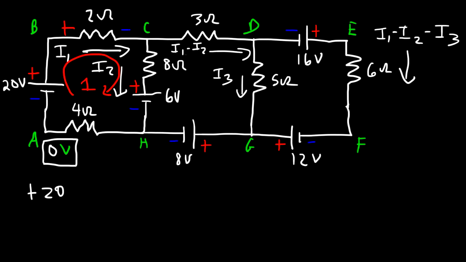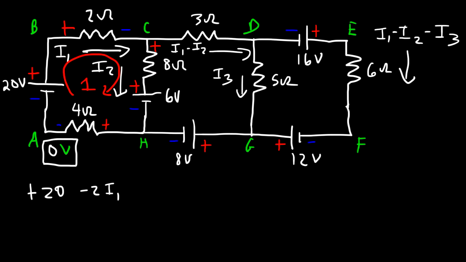And for the 8 ohm resistor, this is positive, and this is negative as it follows I2. And for the 4 ohm resistor, I1 is flowing in this direction, so this is going to be positive and negative. So as we flow in this direction, that is in a direction of I1, that's going to be a voltage drop. So that's negative 2 I1.